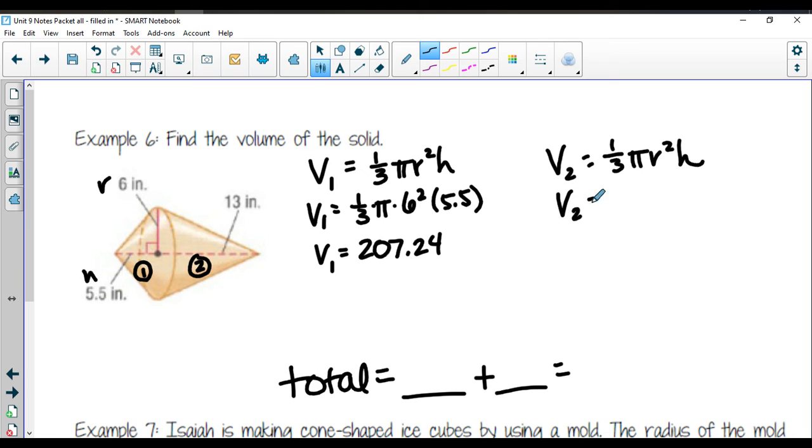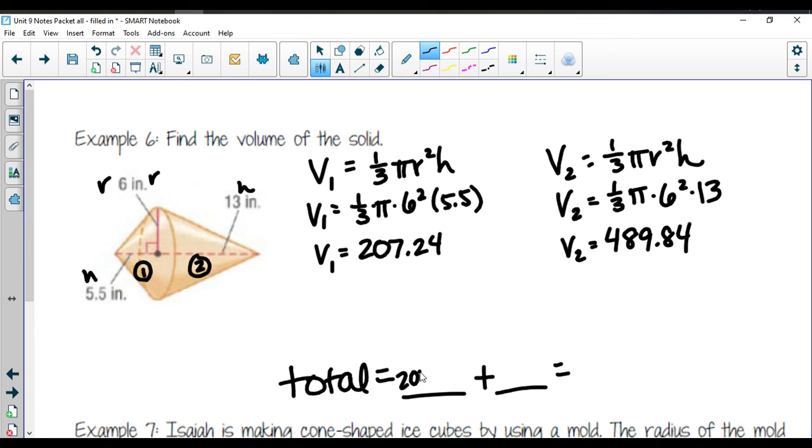And for volume of cone number 2, we do have a height of 13. Because those circles actually match up, that radius is also going to be 6 for that one as well. So we have 1/3 times pi times 6 squared times 13. So 1/3 times 3.14 times 6 squared times 13, which is going to give us a volume of 489.84.